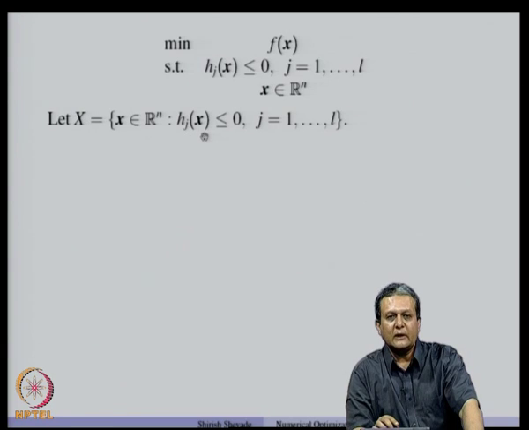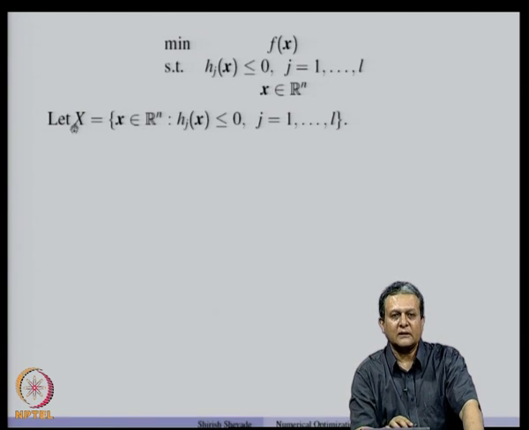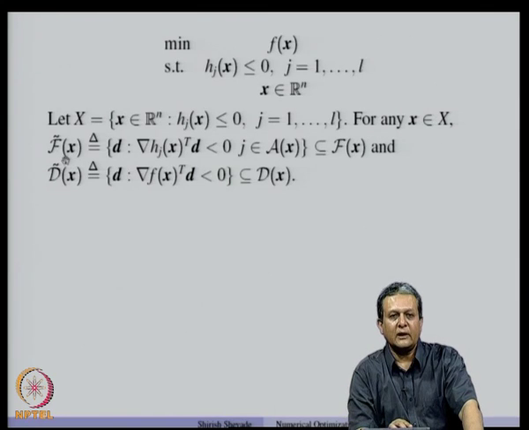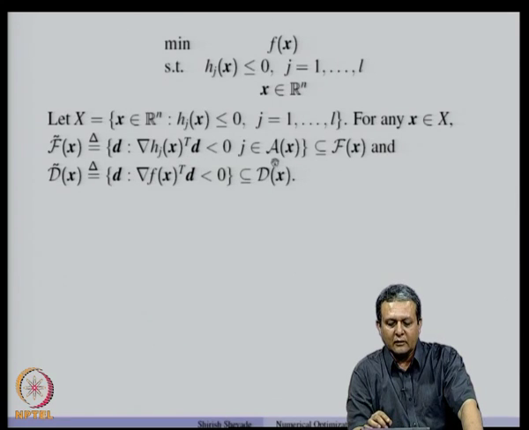So, let us denote the constraint set by the set capital X, and for any feasible point x in the feasible set, we have already defined f tilde x to be the set of all the directions d such that those directions d make an obtuse angle with the gradients of the active constraints, and that f tilde x is a subset of f x.